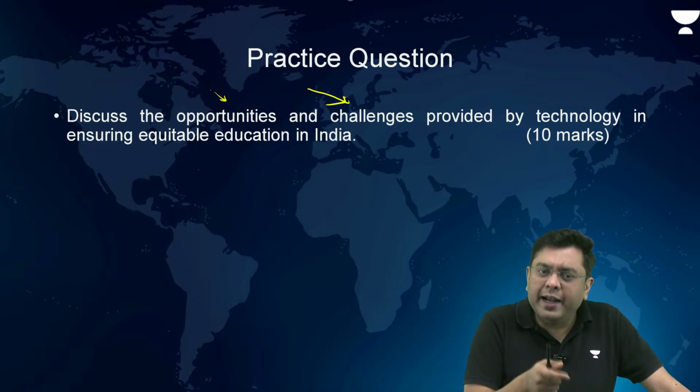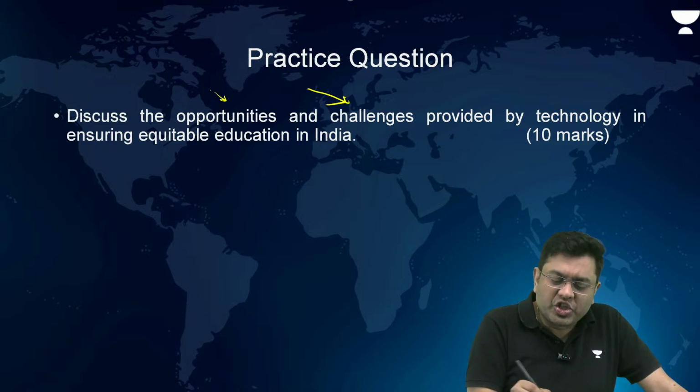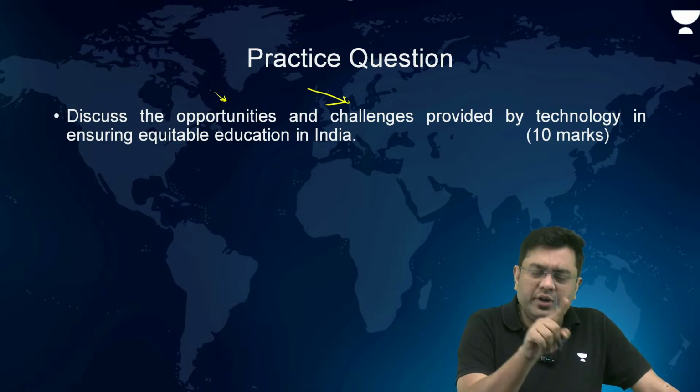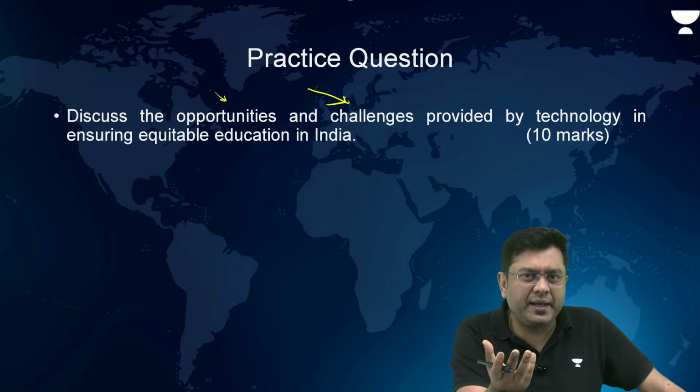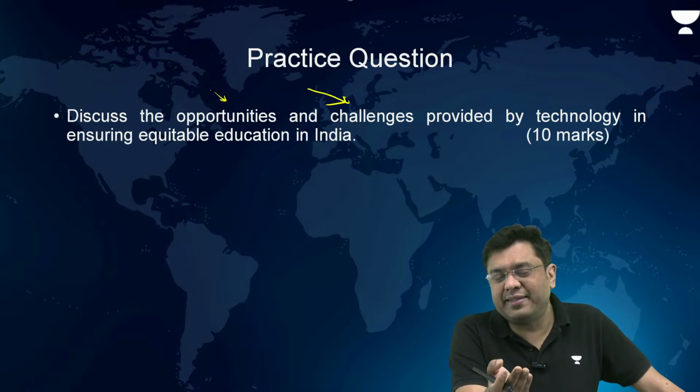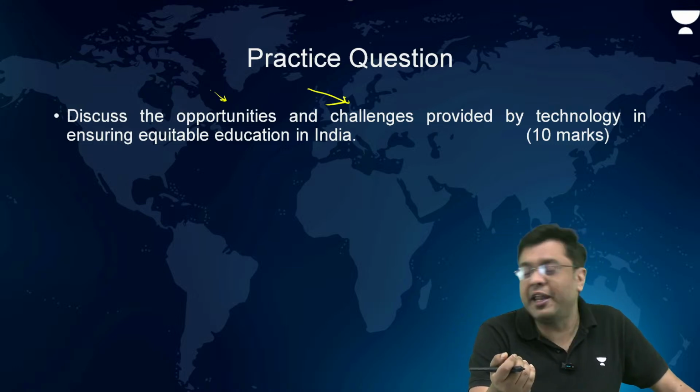And at the end of it, then the challenges that we have talked about: the digital divide which can be created, exclusion which can be created, access and affordability, lack of a proper framework.